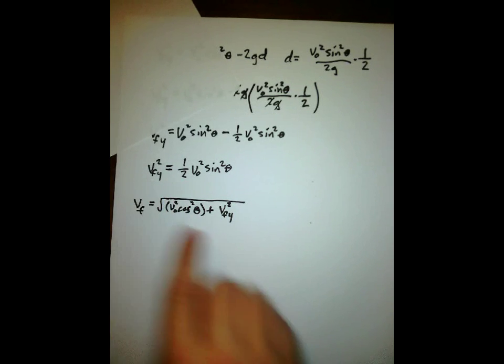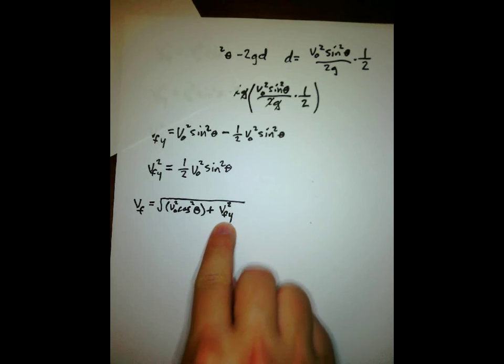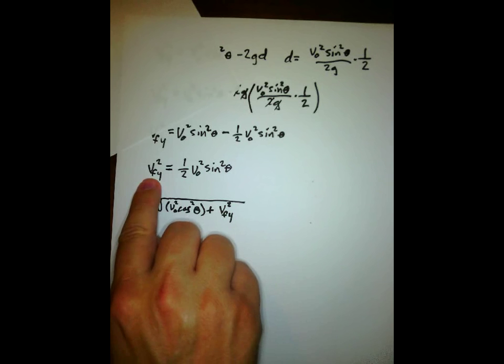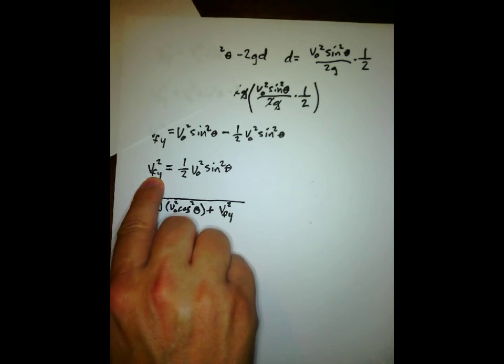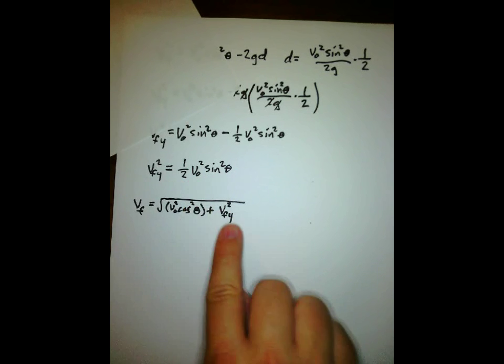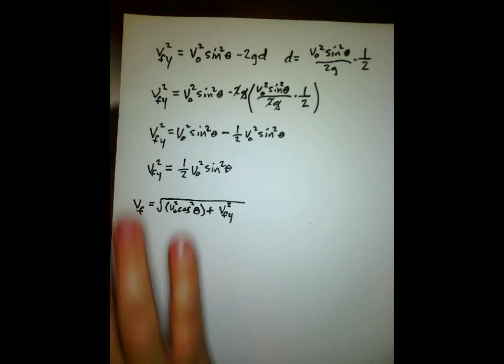So now, if I look back up here, right here I have V final y squared. Well, I have an equation here that tells me that V final y squared just equals this. So I'm going to substitute that in to here.